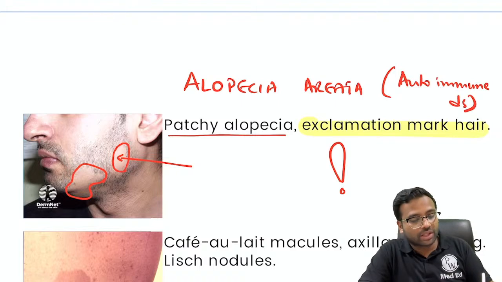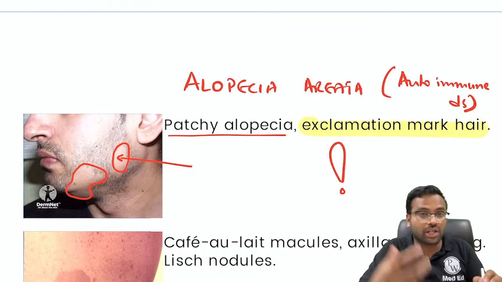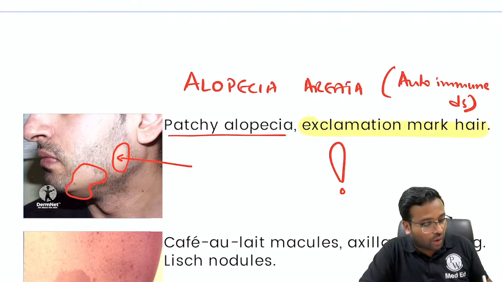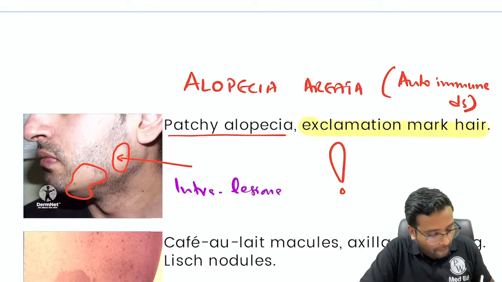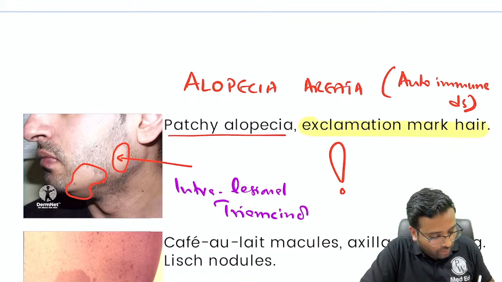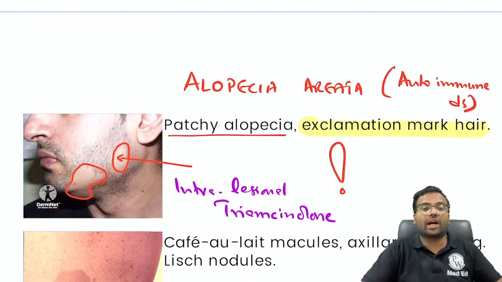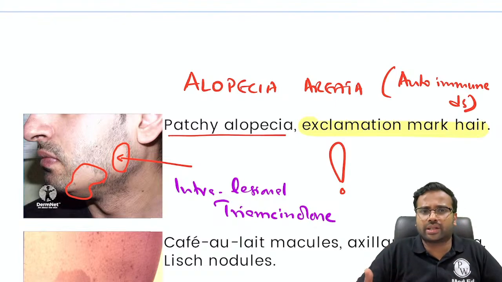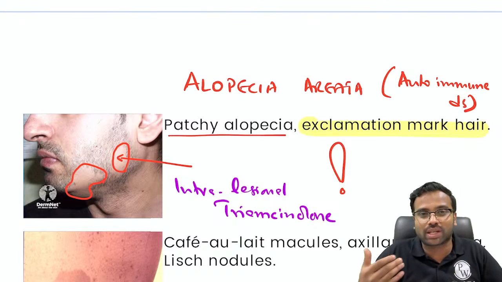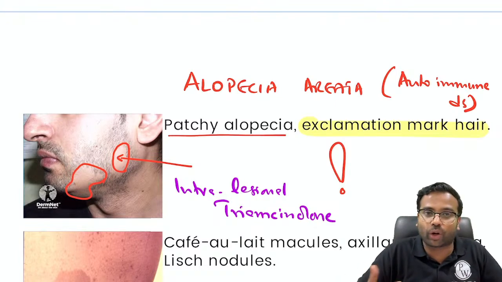So here, the steroid which can be used as an injection at the site is called intralesional triamcinolone. In any other conditions, have you ever used intralesional triamcinolone as an injection?